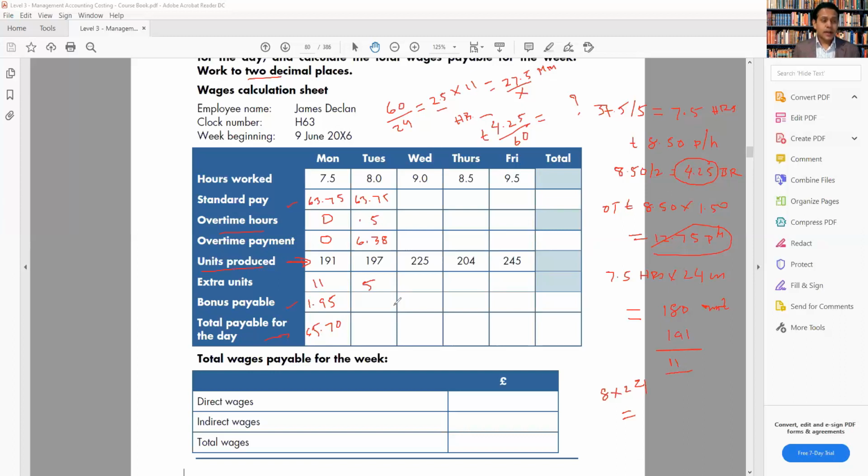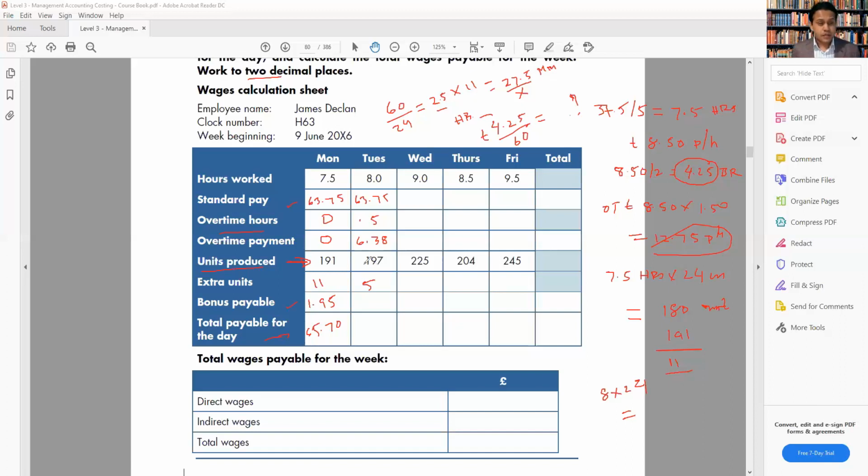So all you need to do is follow the same steps. 60 divided by 24 will give you 2.5 minutes per unit. For the 5 units, not 11, this time we multiply by 5, and whatever the result, we multiply with the bonus rate, and that will give you the number. What is that?